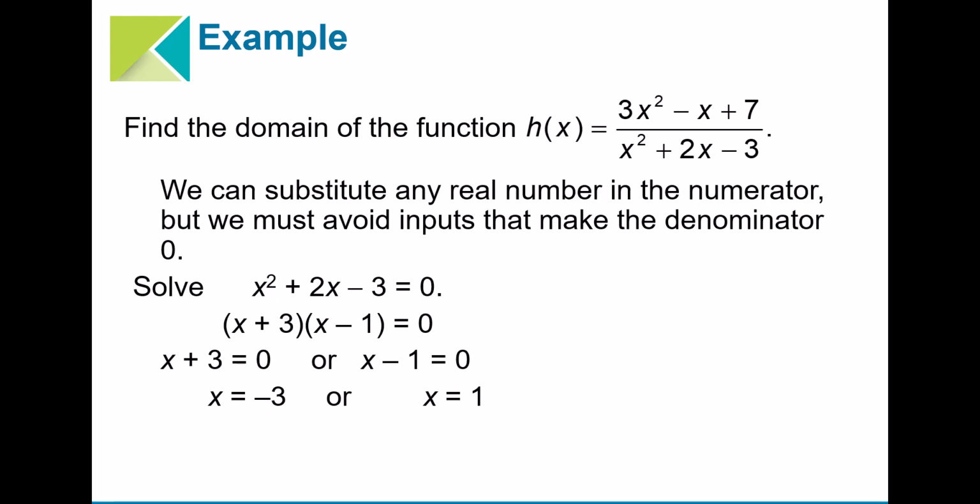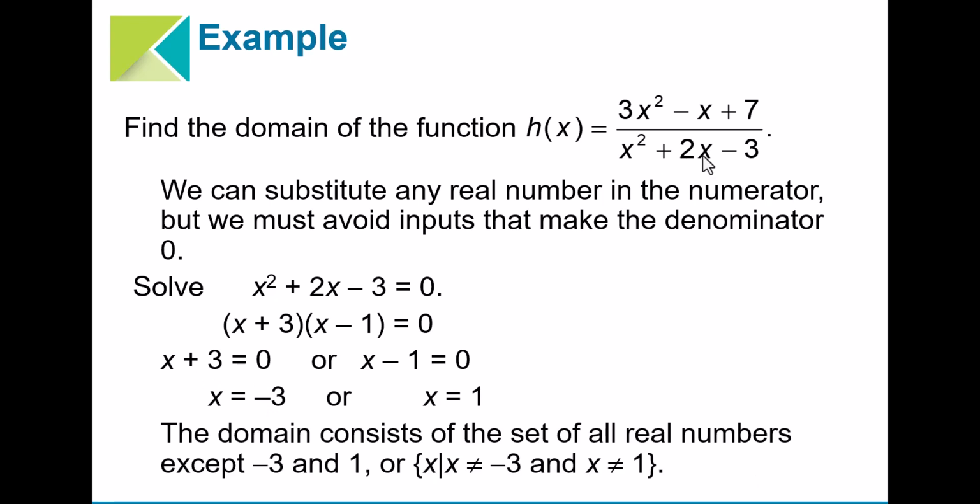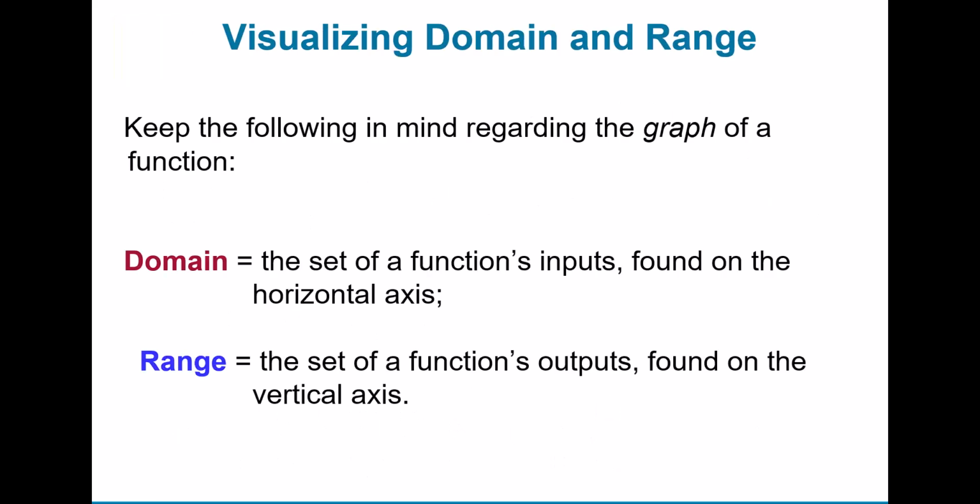If I plug in either -3 or 1, I'm going to get a 0. So the domain consists of the set of all real numbers except those two values. And as I mentioned before, domain, we like to call our inputs. These are the good x values, and the range is the output. These are what we get out, our f of x, when we evaluate it at a particular x input.